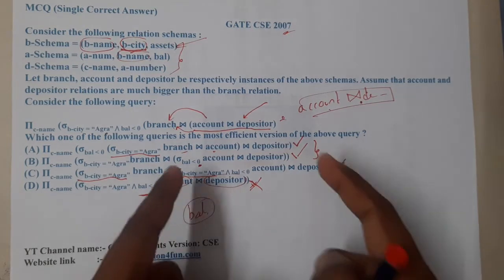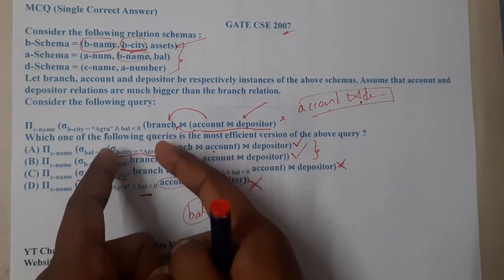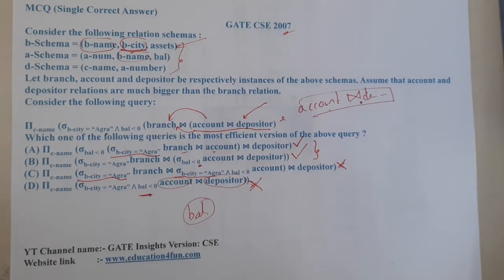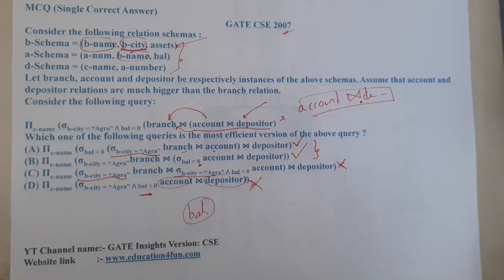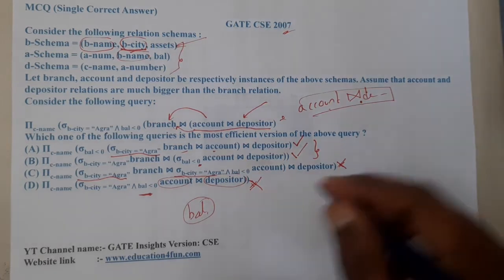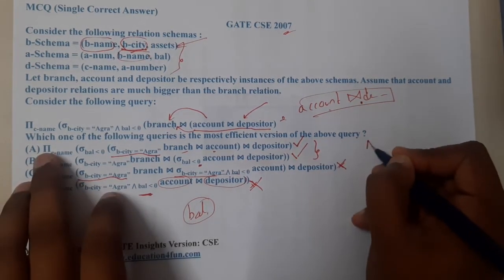So if we first filter based on Agra, we will get fewer entries. So I think option A will be the correct answer.